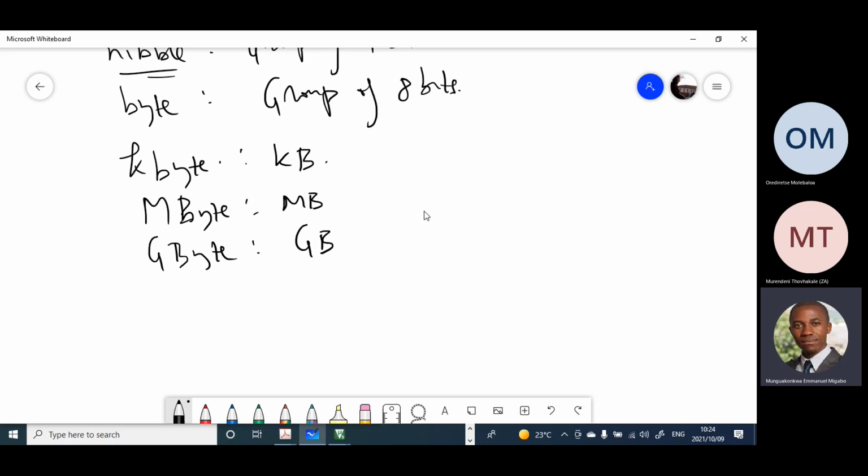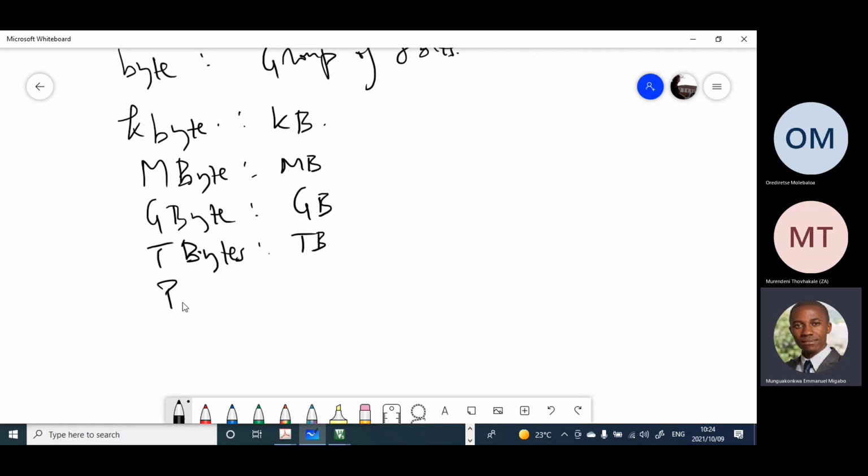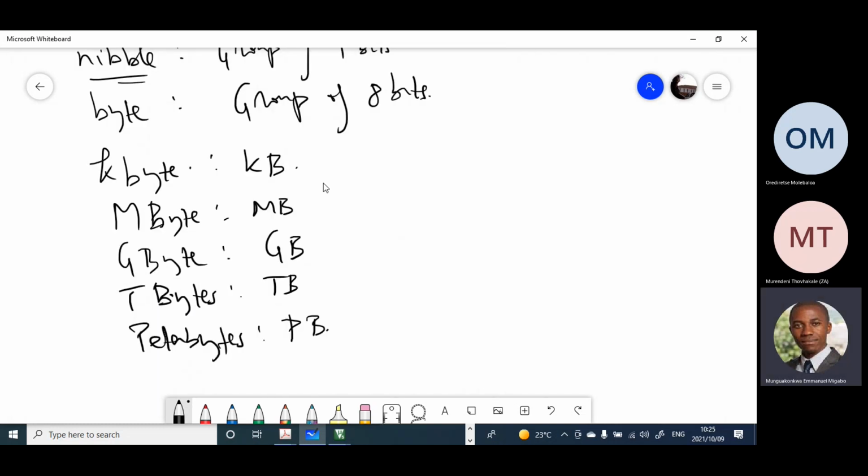We have terabytes, often abbreviated as TB. We've got petabytes, which is PB. Now, how many bytes is a kilobyte?